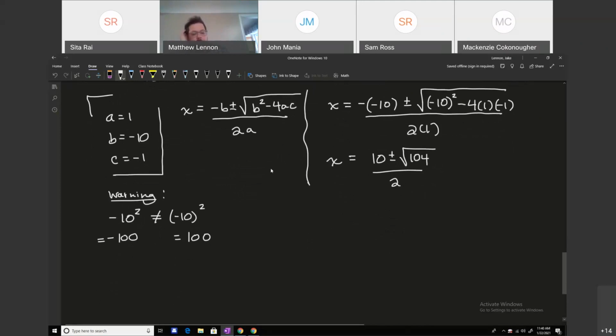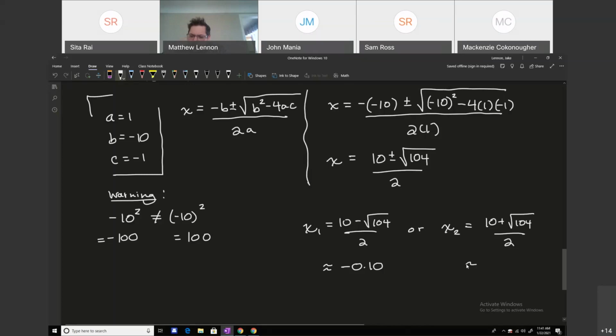A lot of times they'll denote them x1, the smaller one, 10 minus the square root of 104 over 2, which is approximately negative 0.10. Or the second solution, 10 plus the square root of 104 over 2, which is about 0.1.